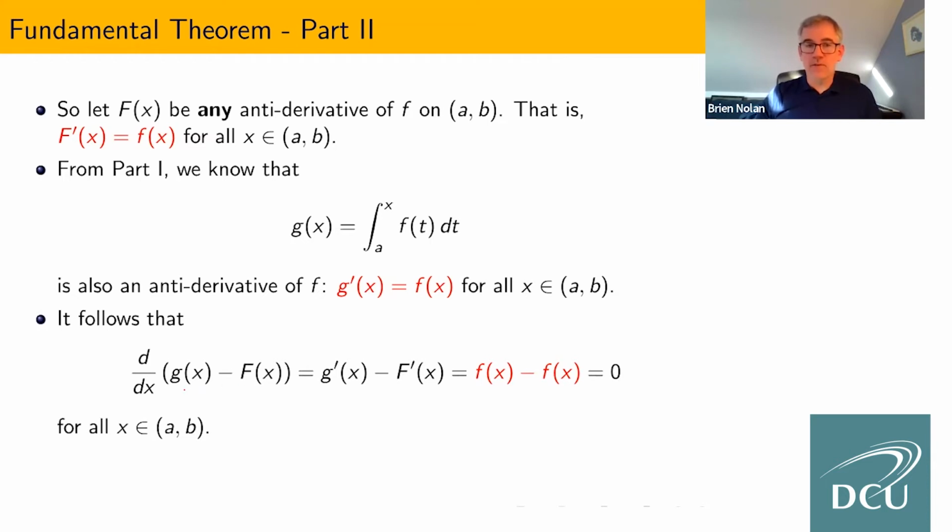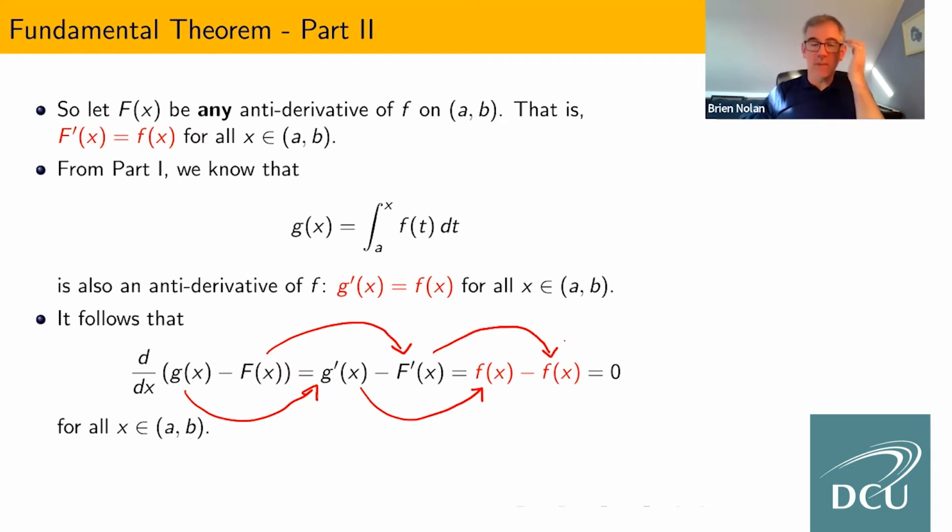Well, the derivative of g is g prime, the derivative of capital F is capital F prime, and we know that g prime is equal to little f, and we also know that capital F prime is equal to little f. So the result is 0.